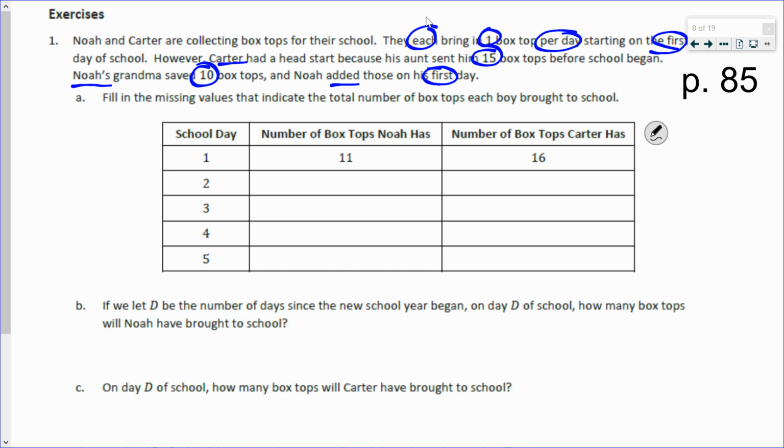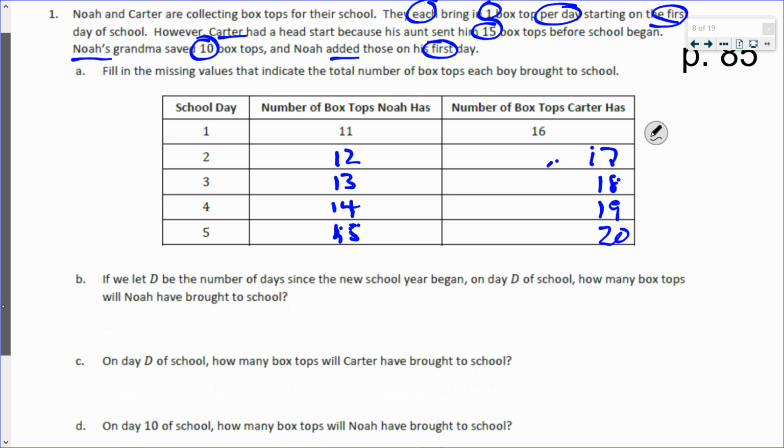You're adding 1. So adding 1 each day, that would become 12, 13, 14, 15. On the other side, adding 1, 17, 18, 19, 20. Everybody understand where those numbers came from? Good.